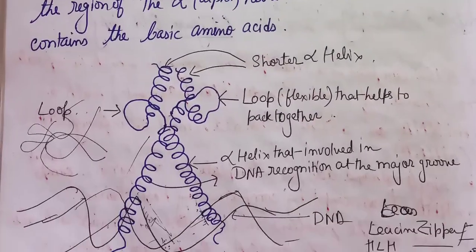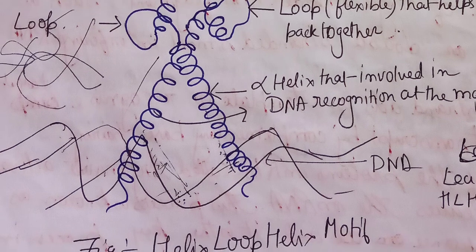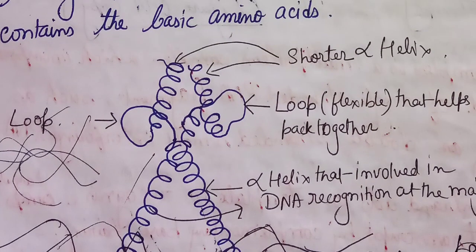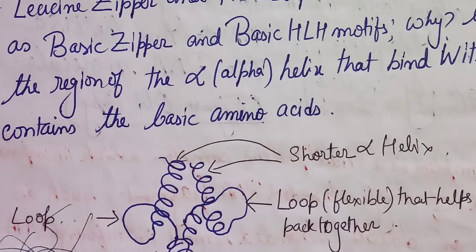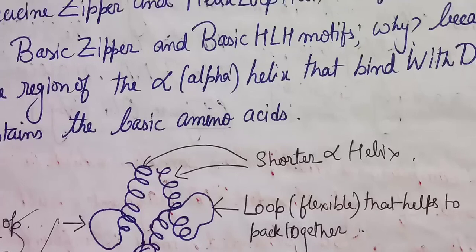If you see the long alpha helix, the first half of the long alpha helix helps in dimerization, and the second half of the long alpha helix of the two monomers is involved in recognition. The short alpha helix is found on the outside surface, joined by a flexible loop that helps to pack together.